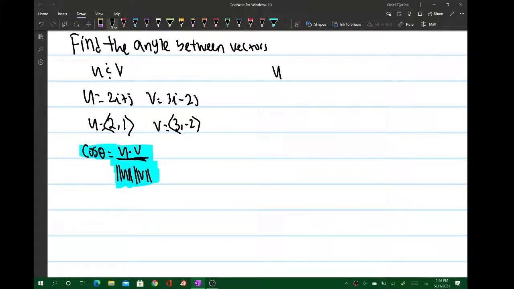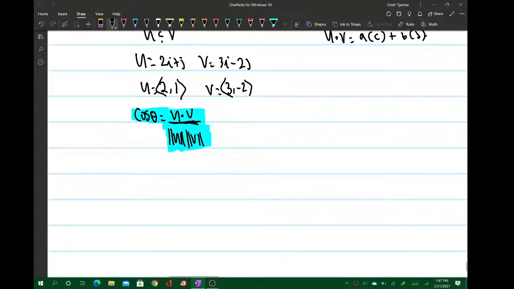So to do u dot v, where u equals (a, b) and v equals, let's just say, (c, d), u dot v is going to be equal to a times c plus b times d.